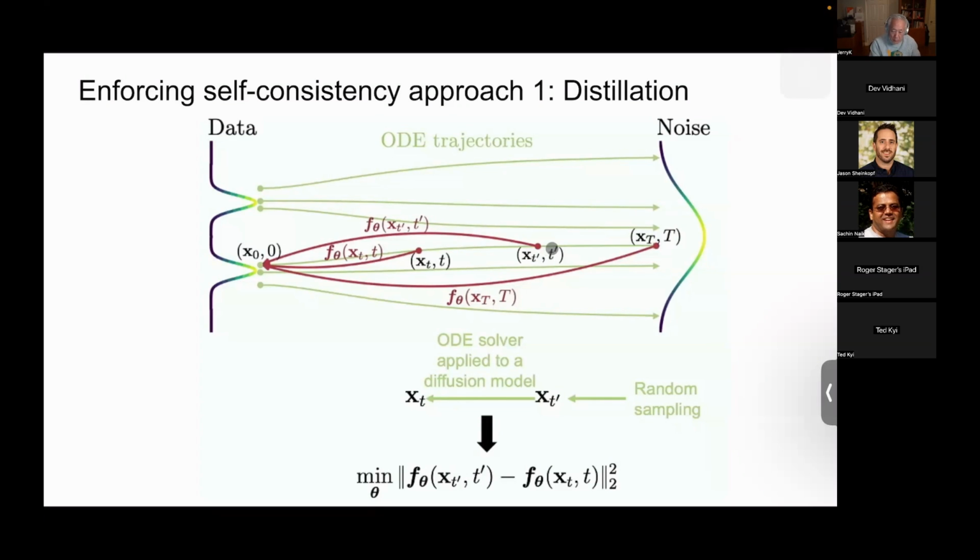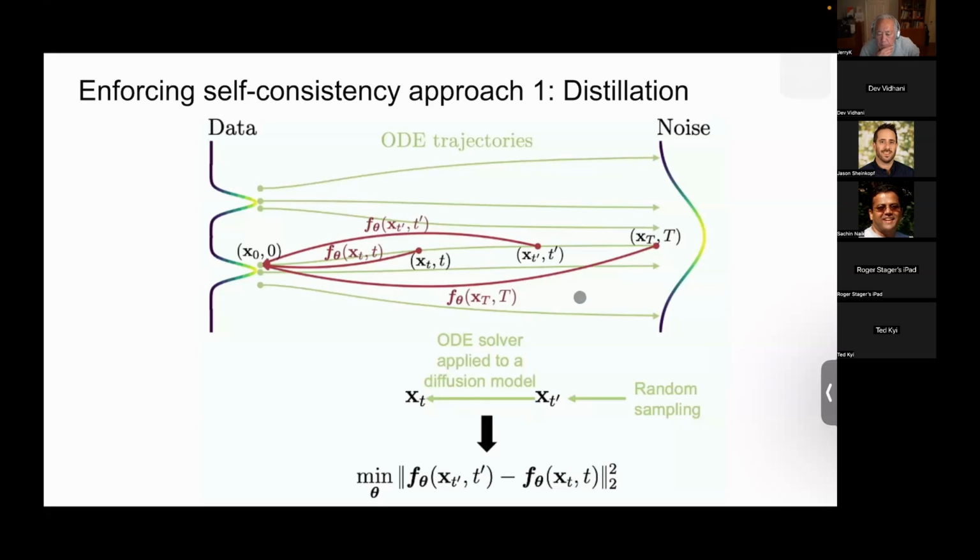To enforce the self-consistency, they select two adjacent points. If you recall from the definition of self-consistency, the f theta for those two points should give the same origin point x0, and the objective is to minimize this.